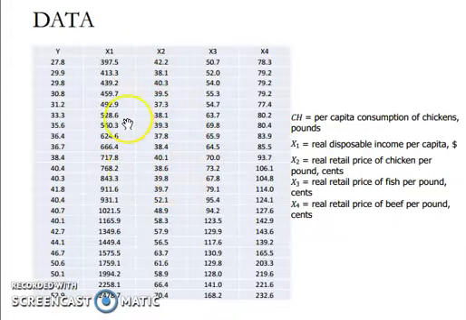So here is the data. You have the column Y, which is the data for the consumption of chicken, another column for X1, which is the income, X2, price of chicken, price of fish, and also price of beef.